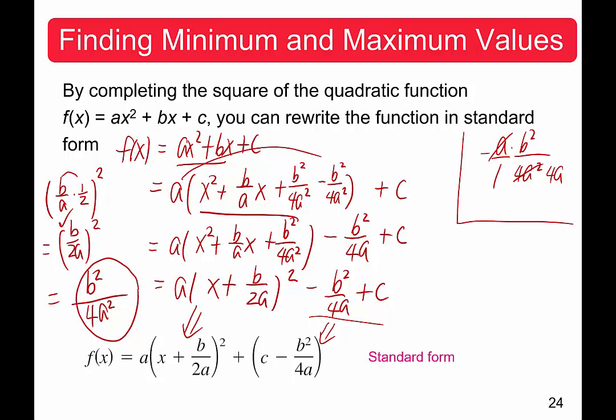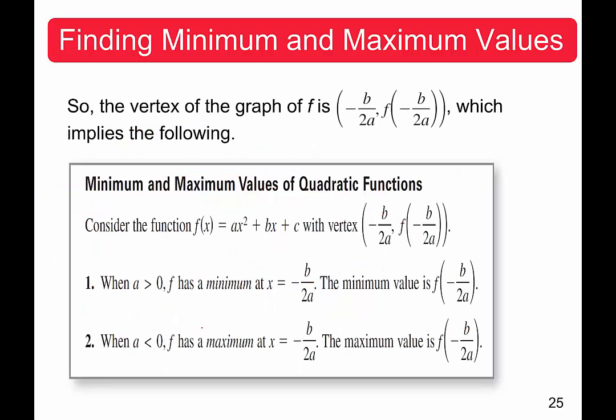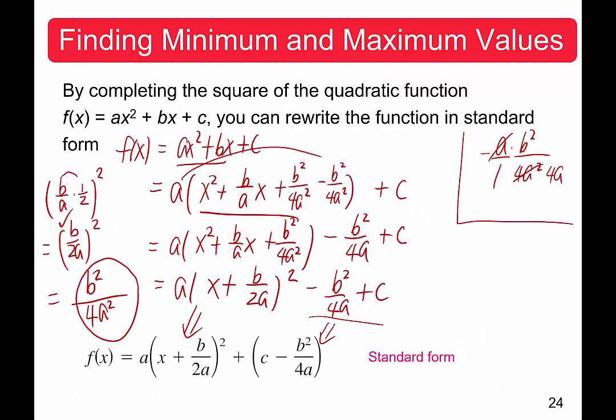From there, we'll be able to find the axis of symmetry and the vertex, and the vertex is usually the minimum or maximum value. So the vertex of the graph is going to be this. The way we get this is by setting x plus b over 2a equal to 0.